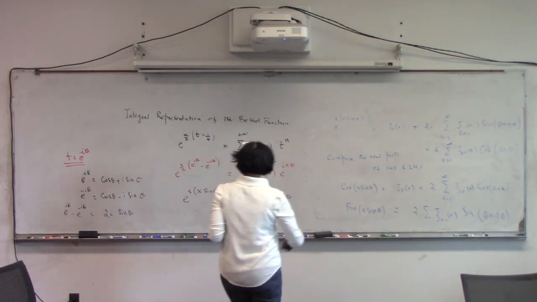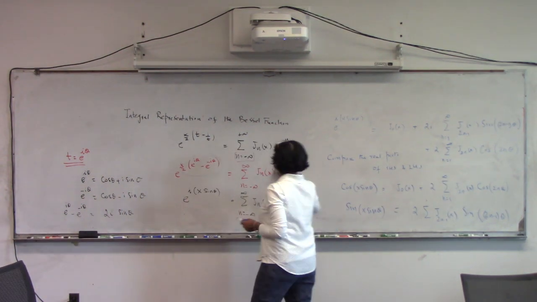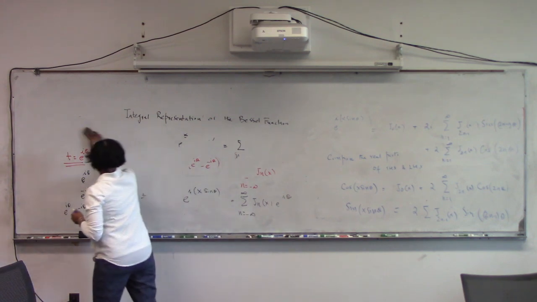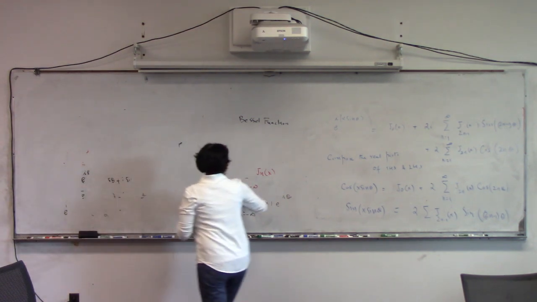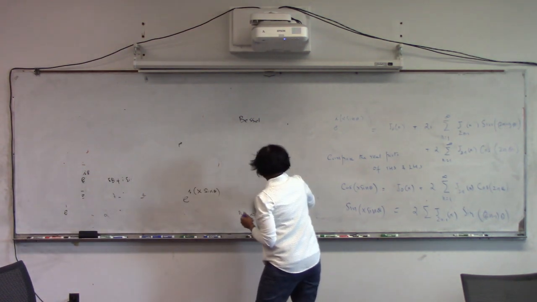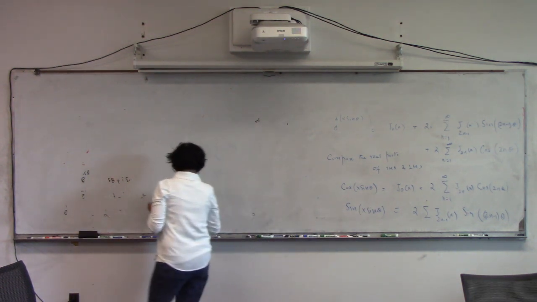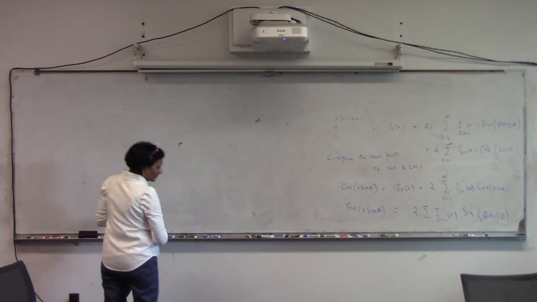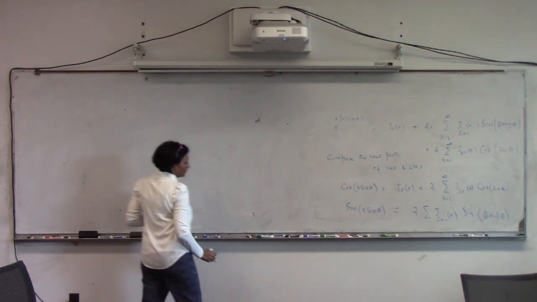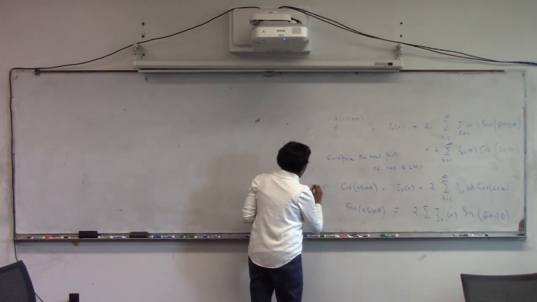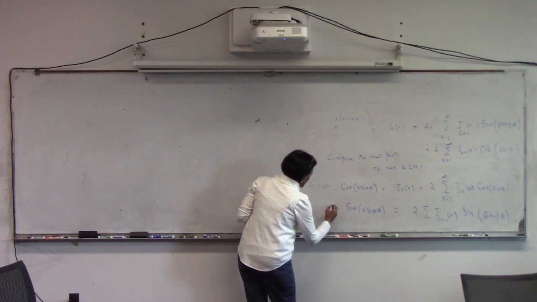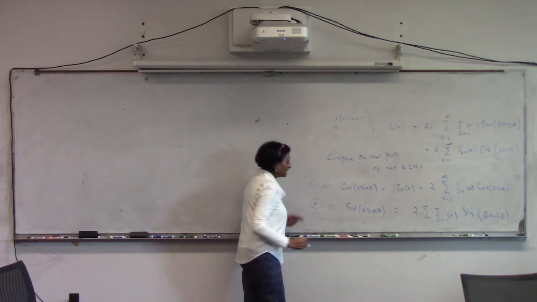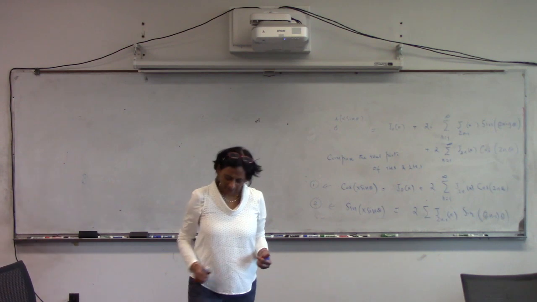All right. So the next step, what I'm going to do is multiply this equation by cosine of m theta, this one by sine of m theta, and integrate between 0 and pi. And let's see what happens.